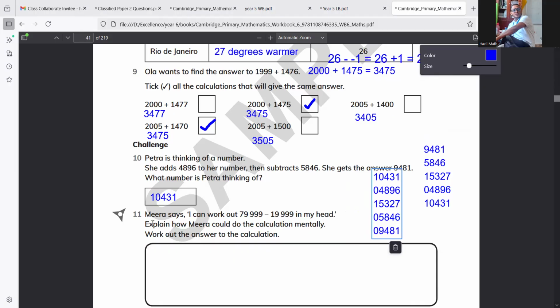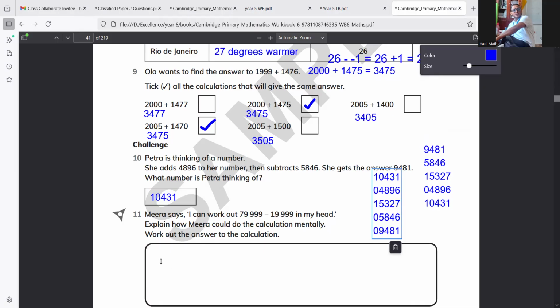Let's go to this question. Mira says, I can work out 79,999 minus 19,999 in my head. Explain how Mira could do the calculation mentally. Work out the answer of the calculation.